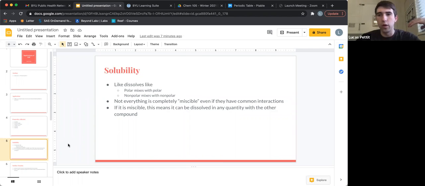Hydrophilic is where it likes water. It's water loving. Hydrophobic is water hating, so it will repel water. The reason those exist is because of polarity. Something that is hydrophobic is going to be nonpolar, and something that is hydrophilic is going to be polar. Since water is polar, it will mix with things that are hydrophilic, but not with things that are hydrophobic.